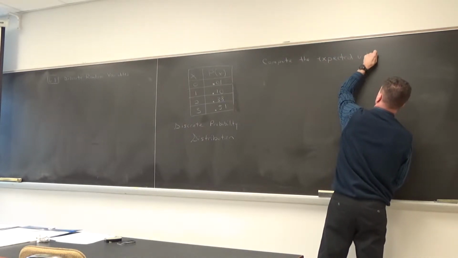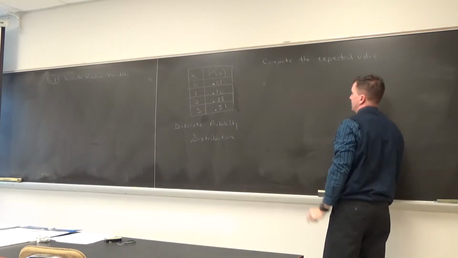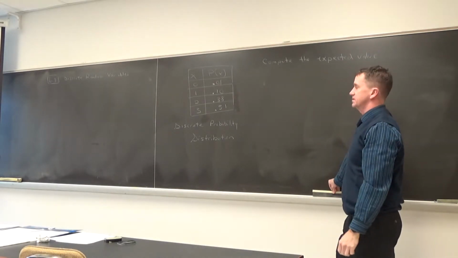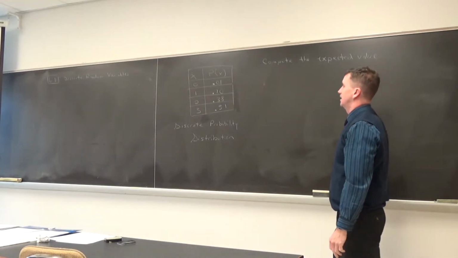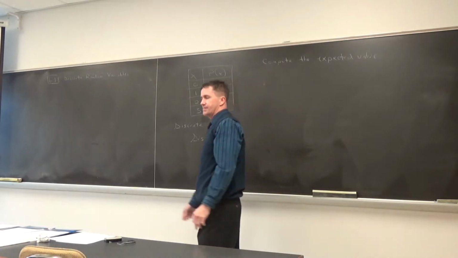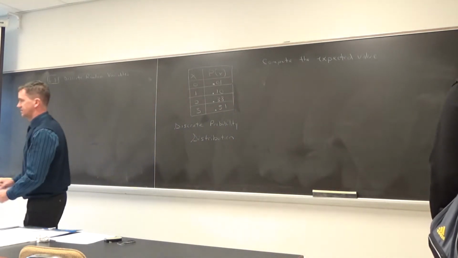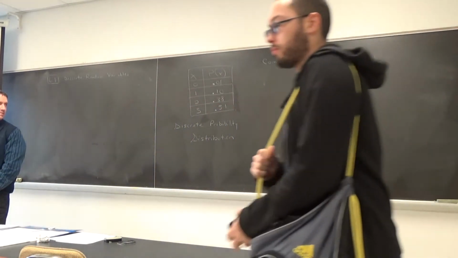And by this concept, expected value, how many baskets we expect them to make. If they got a 51% chance they'll make 3, but 38% chance they'll make 2, we'll compute what's expected. How many do we expect them to make?